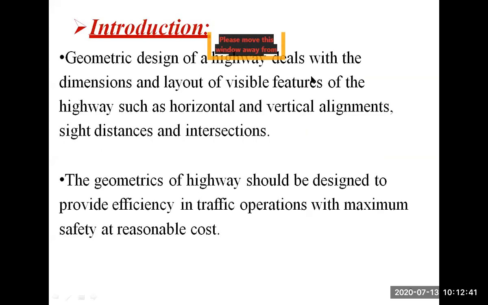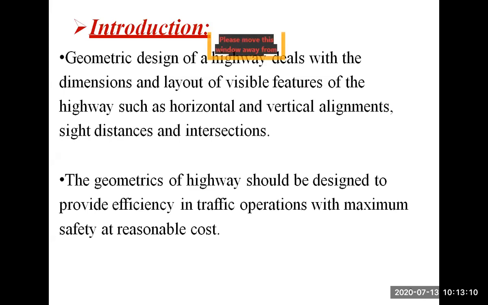So, geometric design of the highway elements. What does it deal with? The geometric design of a highway deals with the dimensions and layout of visible features of the highway, such as horizontal and vertical alignments, then side distances and intersections. Once again, please remember this.